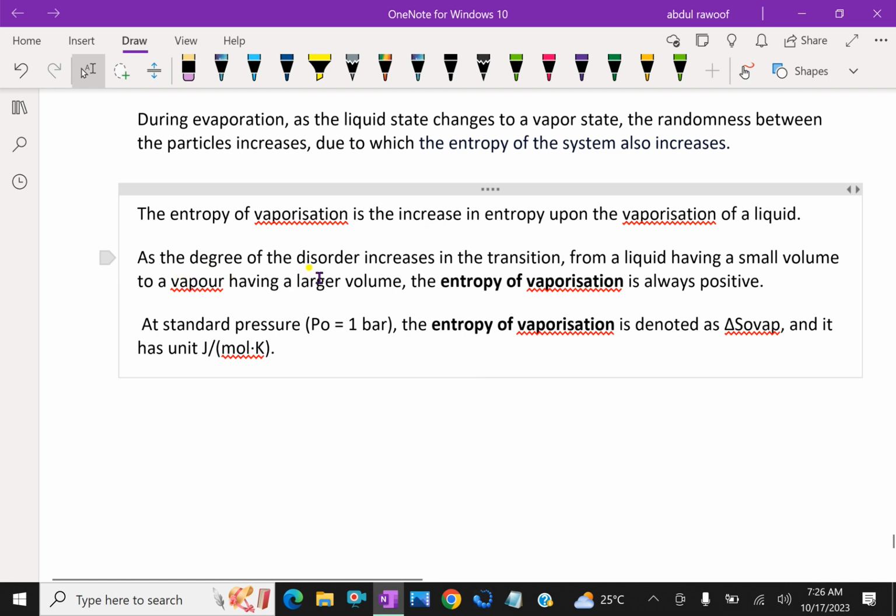As the degree of disorder increases in the transition from liquid having a small volume to a vapor having larger volume, the entropy of vaporization is always positive. At standard pressure, that is P0 equal to 1 bar, the entropy of vaporization is denoted as delta S vaporization, and it has unit joules per mole Kelvin.